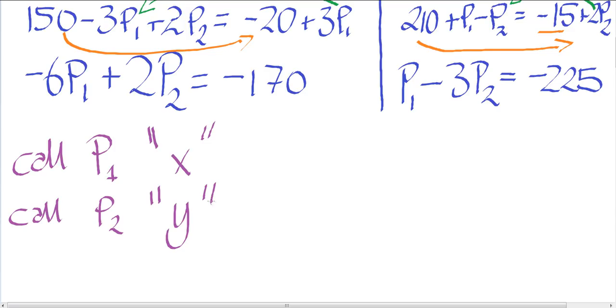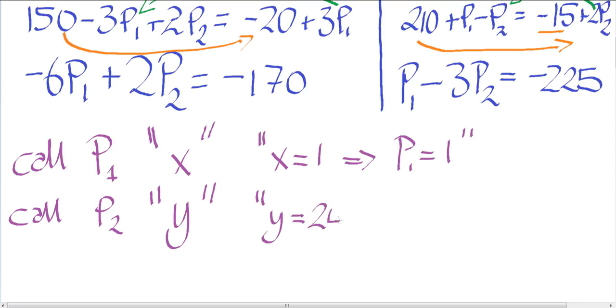And what's going to happen, I'm going to get a value for x and y. But if I get, pretend I get x equal to 1, then that's the same thing as P1 equals 1. And if say I get y equals 24, that's just going to be the same thing as P2 equals 24.